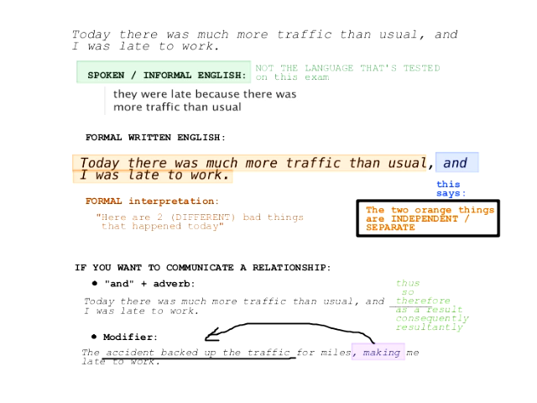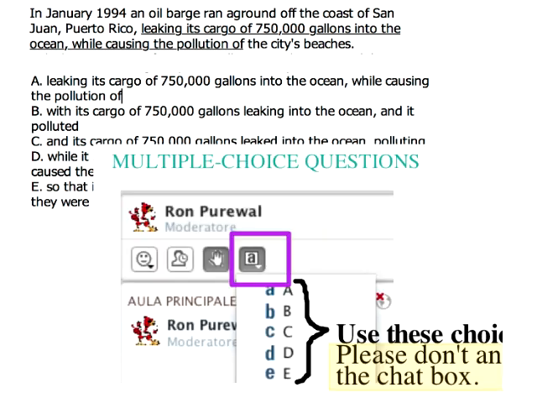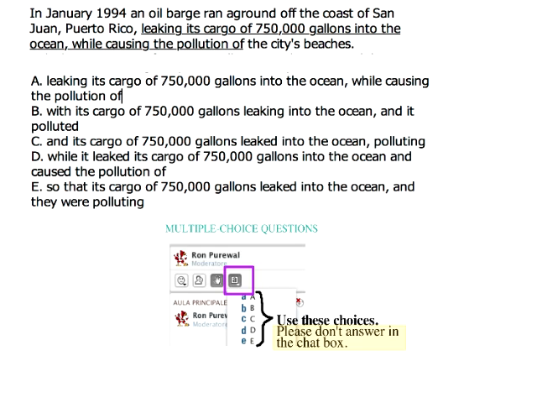Okay, let's go ahead and do a problem. How about this one? Okay. By the way, when you have multiple choice answers, please indicate them in the multiple choice answer area, which is here.